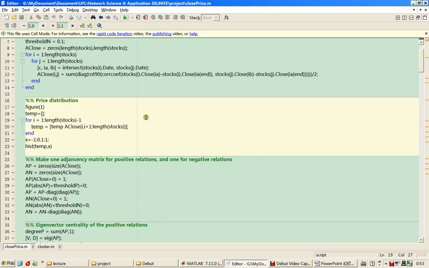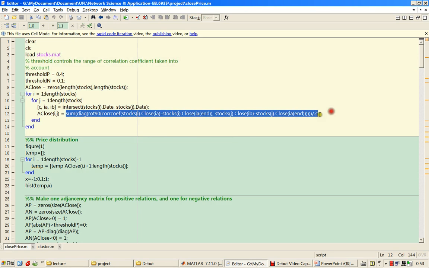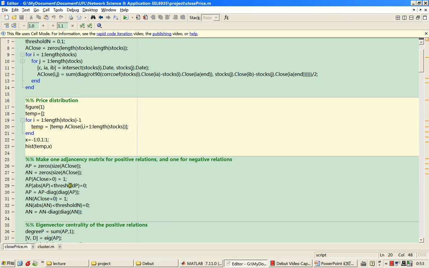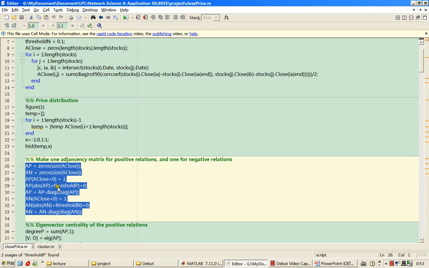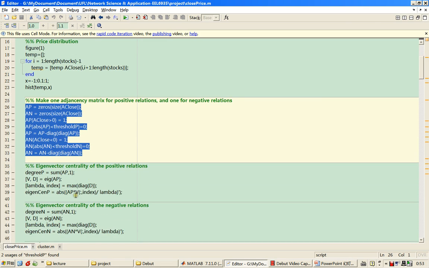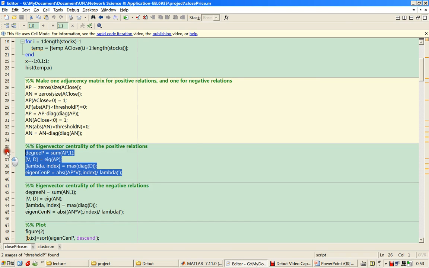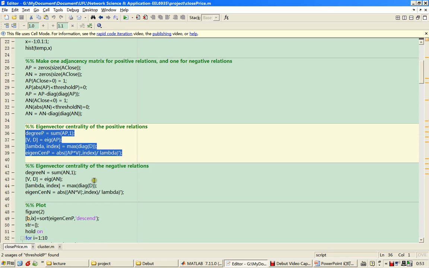The first is the calculation of the correlation, and then we use a threshold to control the correlation coefficients we are interested in, and then I use eigenvector centrality to get the rank of the stocks.